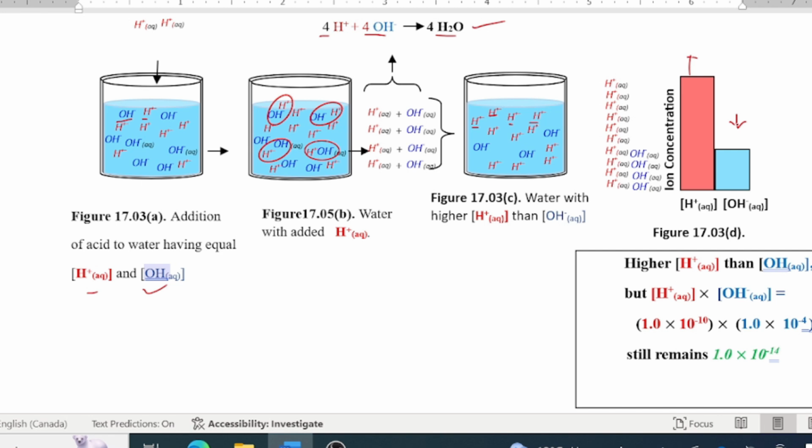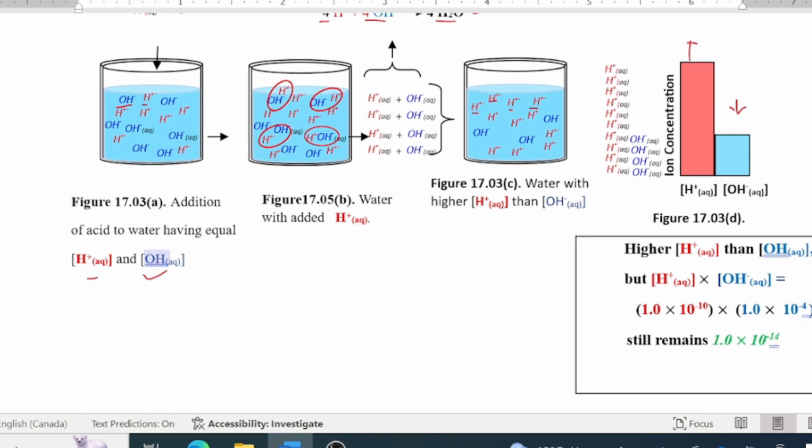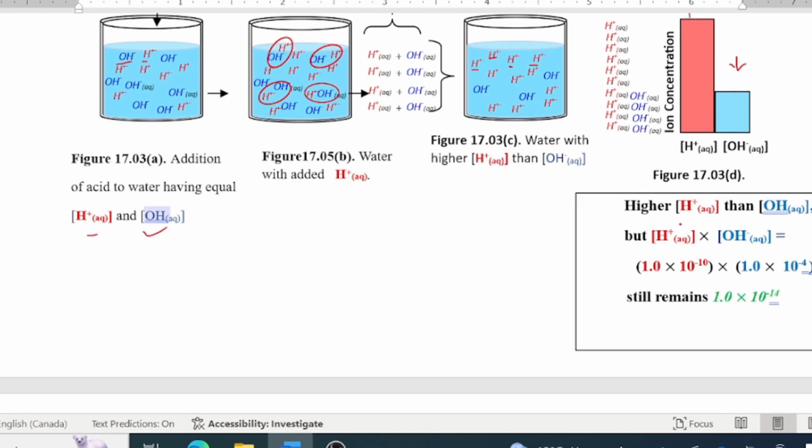But the point is this: you have a higher H than OH, but when you multiply the new hydrogen ion concentration with the new OH ion concentration, it results in the same value here, which is the Kw for water.